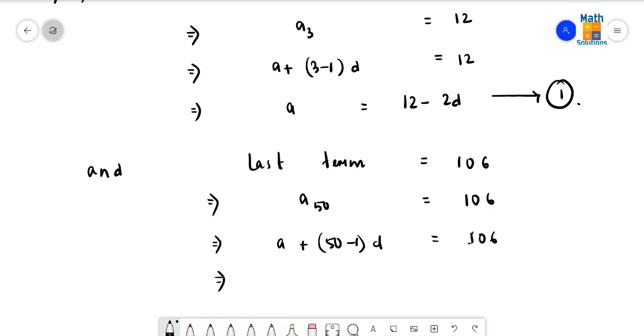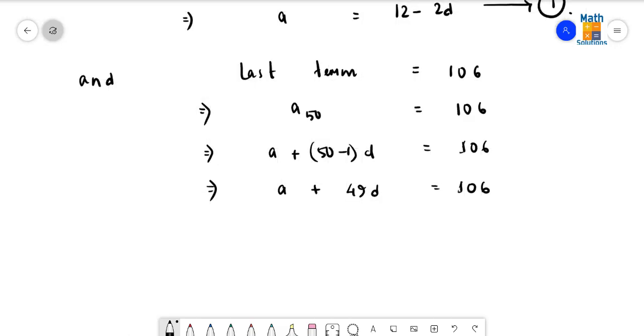So I can write here a plus 49d is equal to 106. After this, in place of a, we can put this result 1. So it will be 12 minus 2d plus 49d is equal to 106.